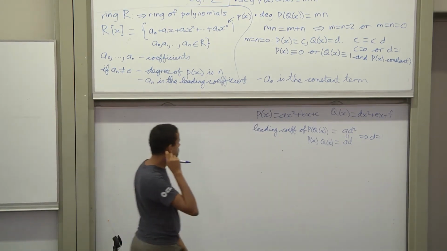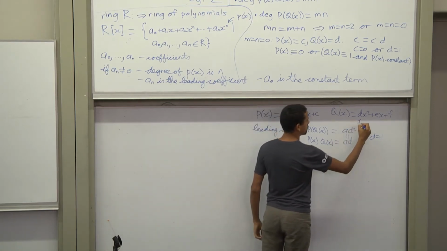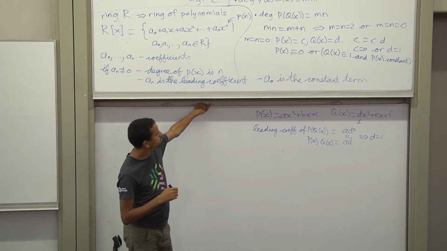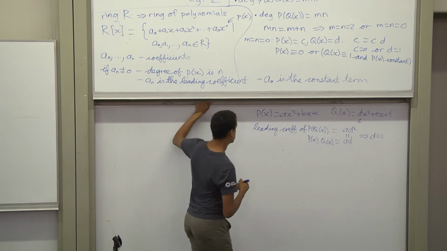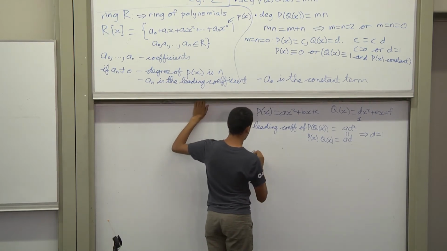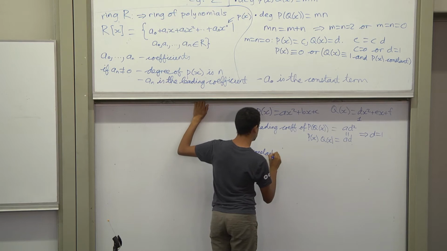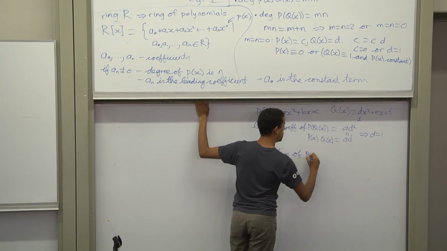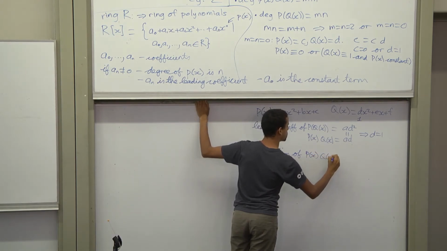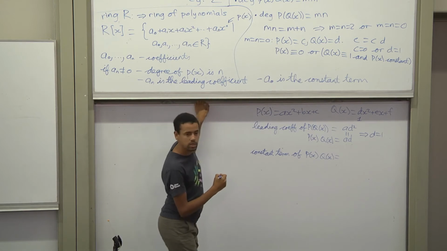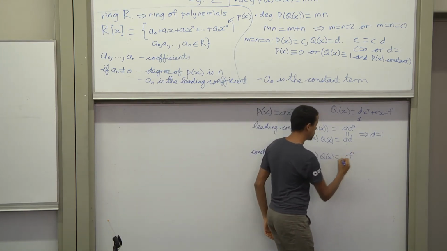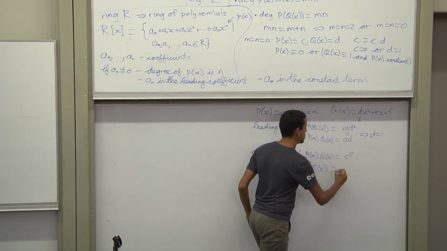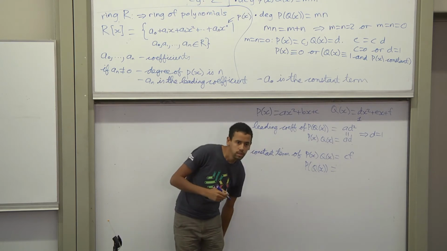Let me not rub it out. So we know that this is 1. Let's also look at the constant coefficient. So the constant term. Okay, what is the constant term of p of x times q of x? That would be cf. And p of q of x would be something less simple.